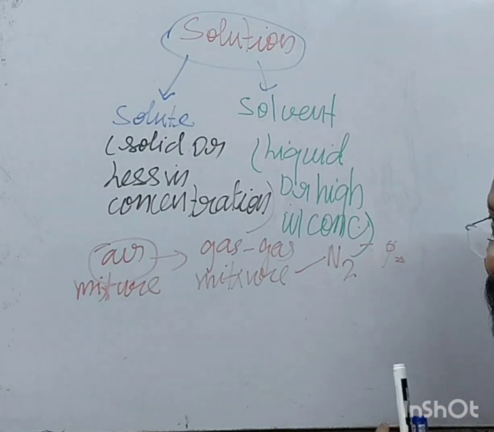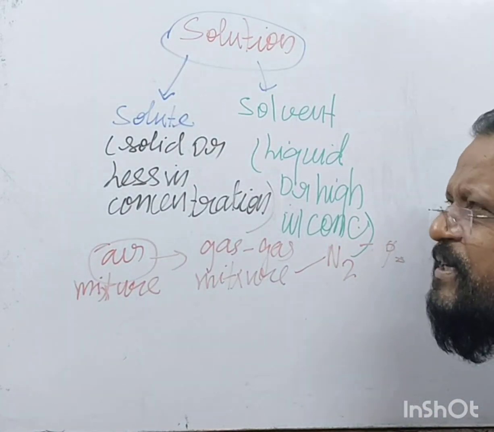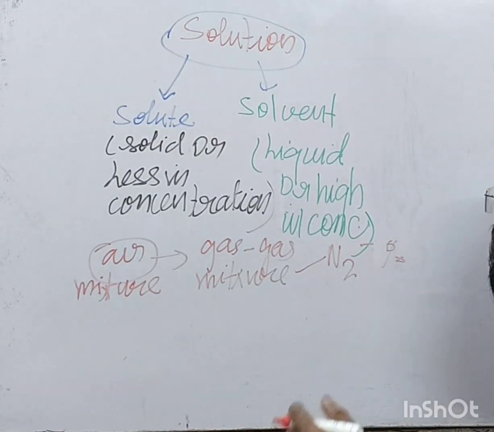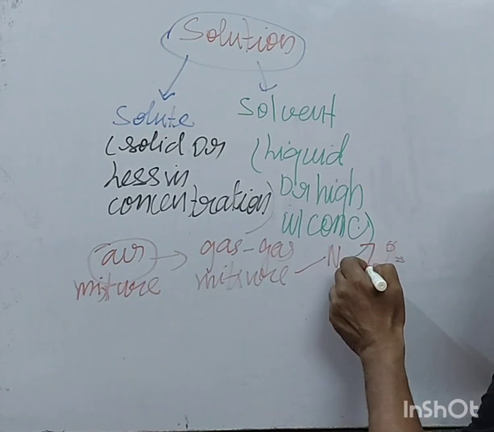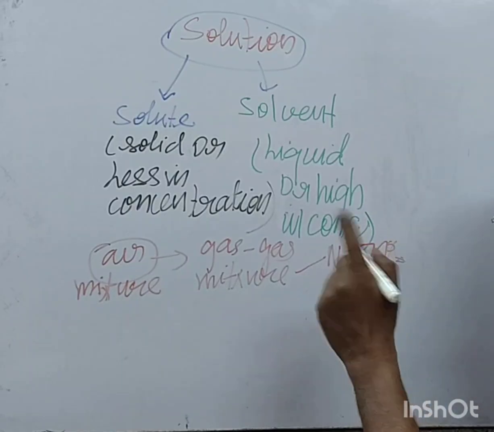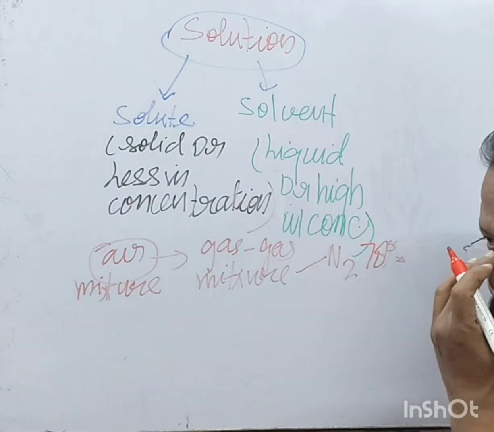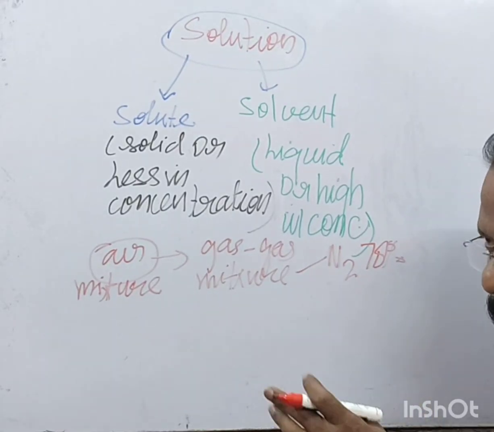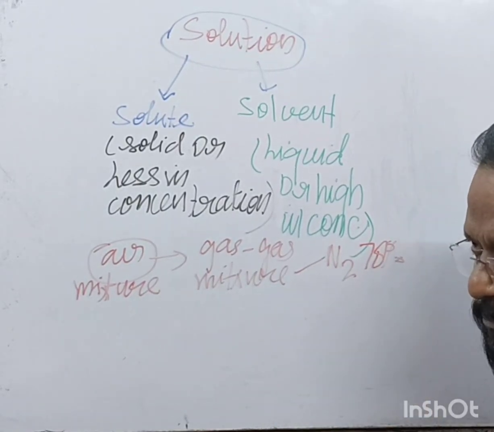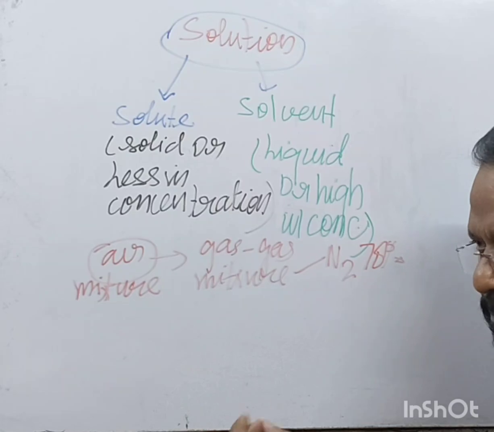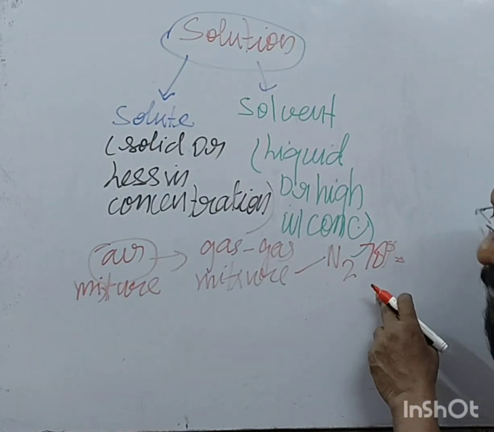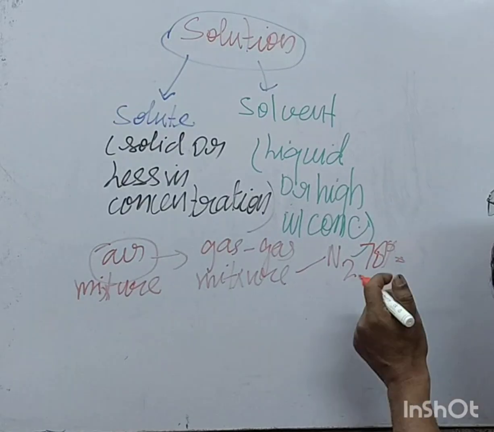Oxygen is 19.9% and the remaining are others. So nitrogen is 78%. Then there is 21% oxygen, and 1% other elements are there.